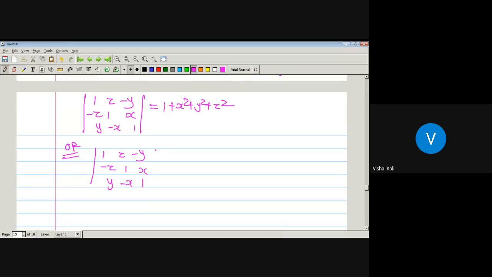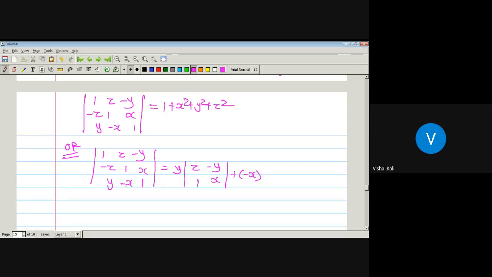If we use the second row, then also the determinant value is same, which is equal to y into its cofactor. Now y is present in third row and first column. Then minus 1 to the power 3 plus 1, which is plus 1. So y into its minor, which is nothing but z, minus y, 1, x. Now minus of x into plus, here we will take a minus x.